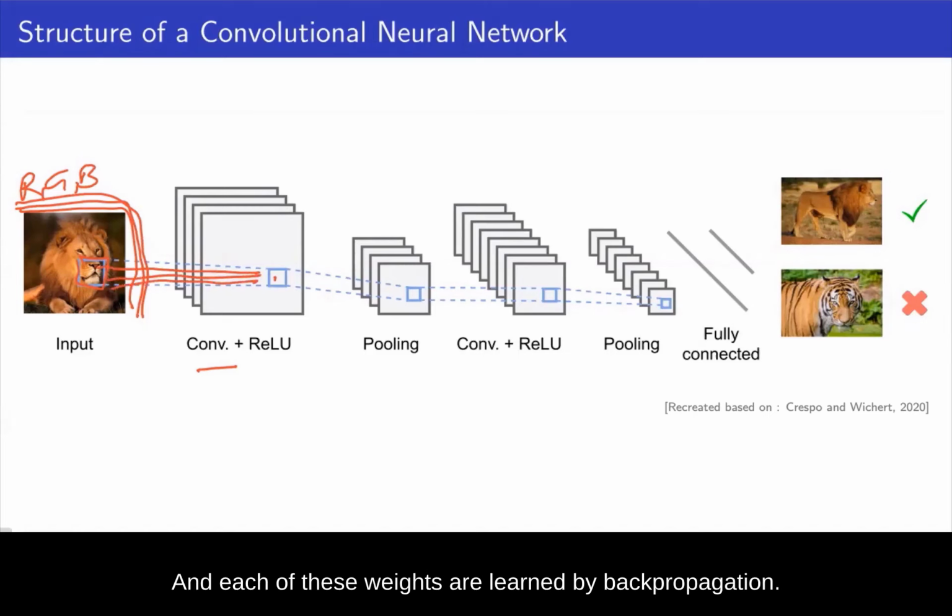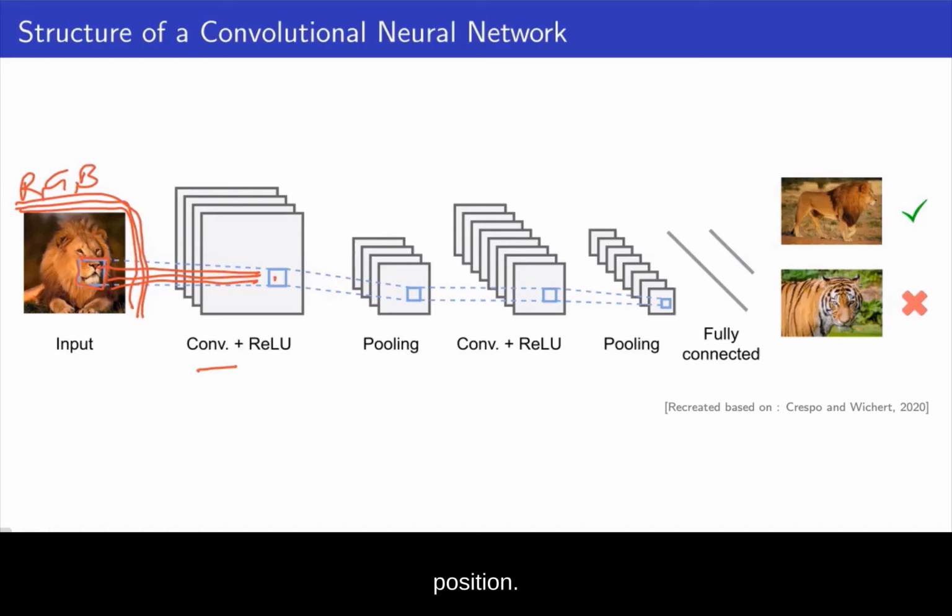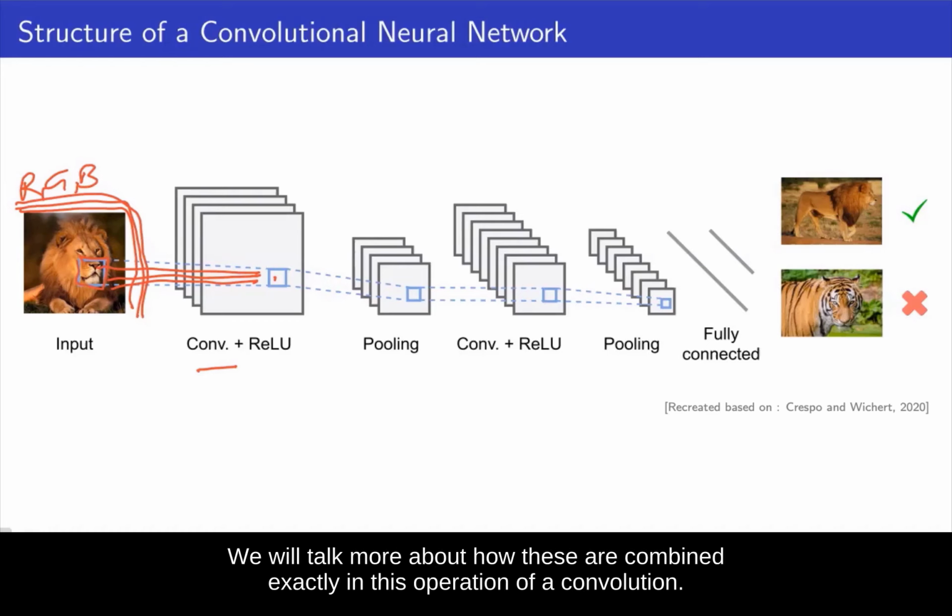And each of these weights is learned by backpropagation. So there's one weight for every pixel in this mask when it is slided over this particular position. We will talk more about how these are combined exactly in this operation of a convolution.